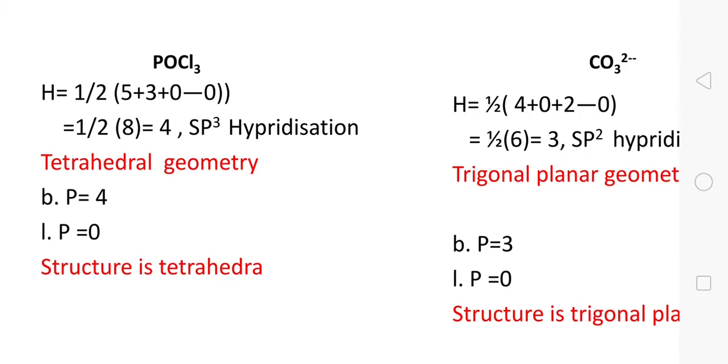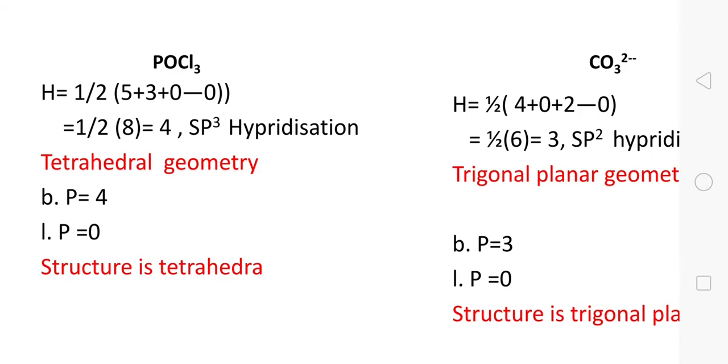Then the number of monovalent atoms. O and Cl are surrounding atoms. O is bivalent, so we must ignore that. Only Cl is monovalent, and the number of Cl is 3, so we must take that. So the hybridization number is 4, sp3 hybridization, and the geometry is tetrahedral.